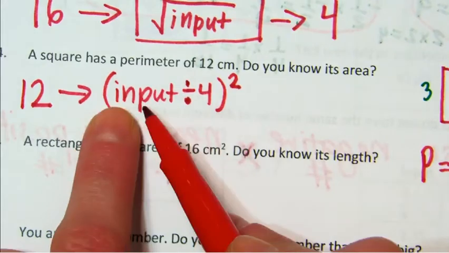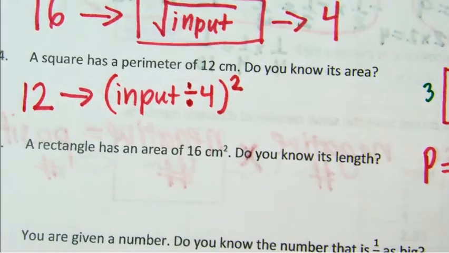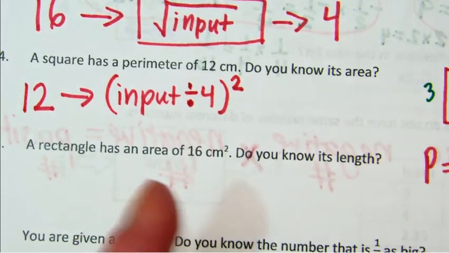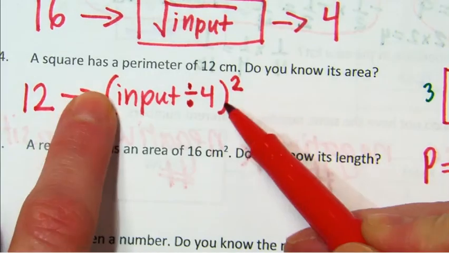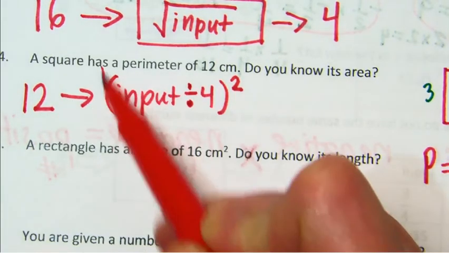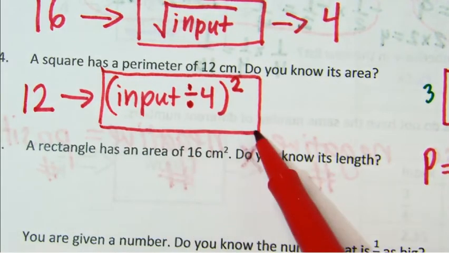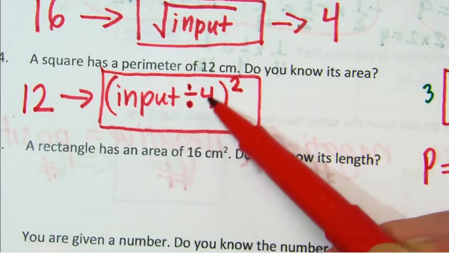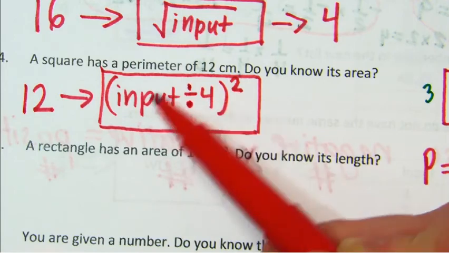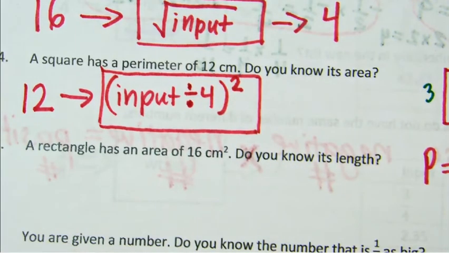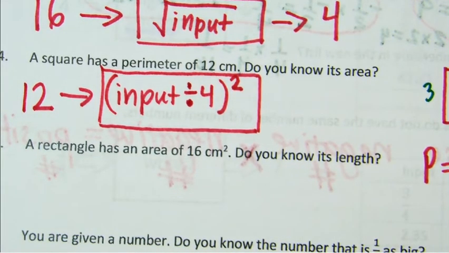So you could say input divide by 4, then square the answer, or then square the number. Or you could put it in parentheses and square it. And the reason we do parentheses is because of the order of operations, we need to make sure that we take our perimeter divide by 4 first. So I put it in parentheses, that gets done first. If I didn't, I would have to do the exponent part first.